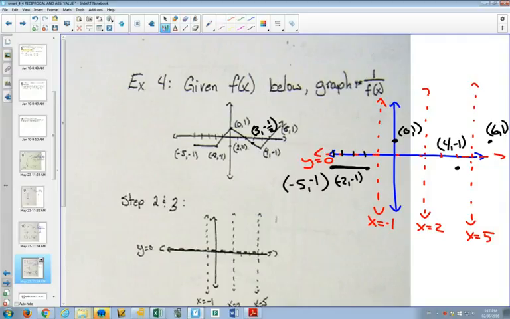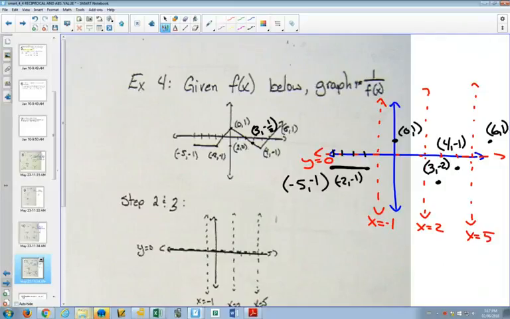Well, it's a reciprocal. So you can even just take the fraction, -1/2, and flip it. What do you get? -2 over 1. So you'd get the point 3, -2. So if you wanted to take some of those points, you could flip them.